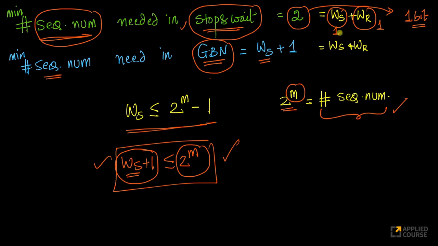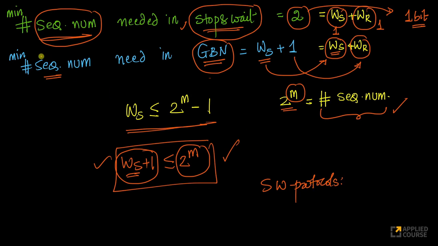Now we can also interpret this as follows. What is the size of the window on the sender? ws. What is the size of the window on the receiver? At the receiver in GBN, the window length is always 1. So for sliding window protocols, the minimum number of sequence numbers needed is the size of the window on the sender side plus the size of the window on the receiver side.